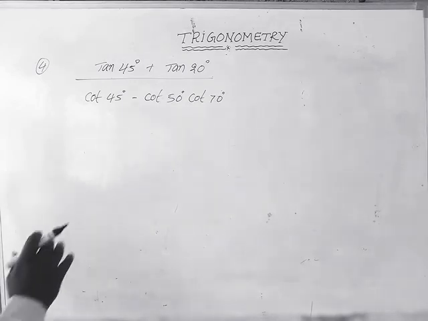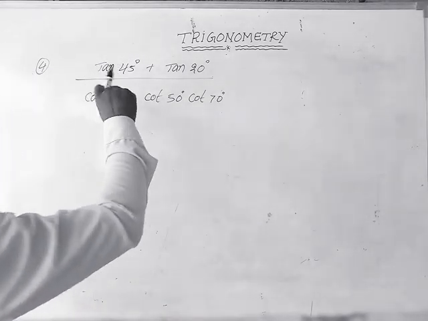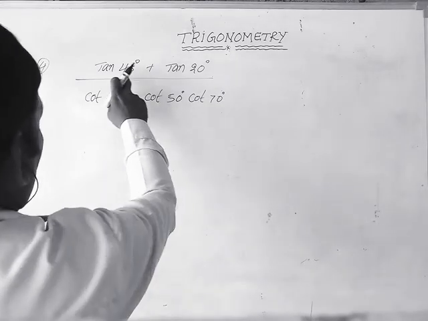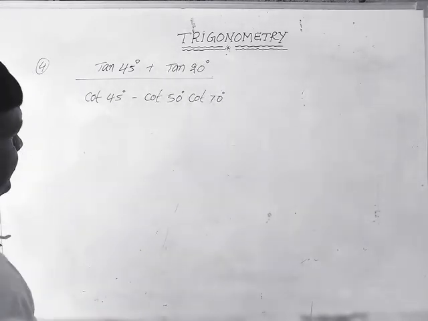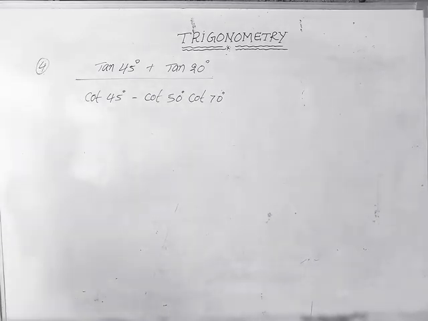So this is tan 45 degrees plus tan 20 degrees by cot 45 degrees minus cot 50 degrees, cot 70 degrees.